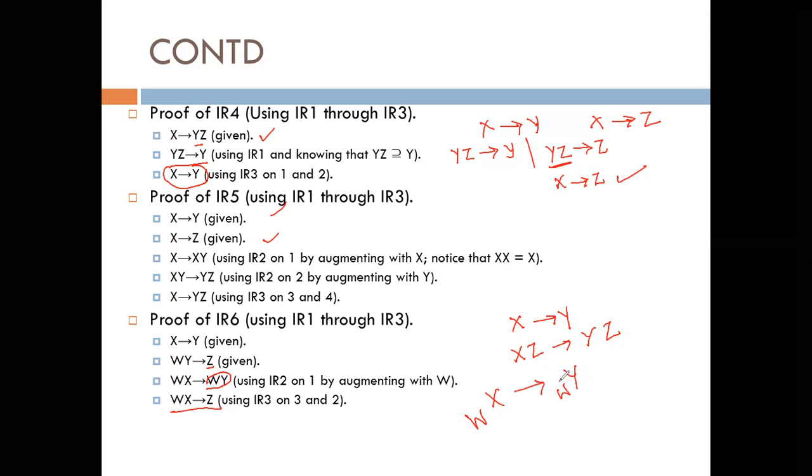Then it becomes wx determining wy, but wy is determining z, so we can easily write wx is determining z. Just by adding attributes to both sides, we can deduce these things. If by any chance we have two same sets, then we can write only one part. If it is xx, then we can write x. So they apply the rules of reflexive and augmentation in order to prove these three rules.